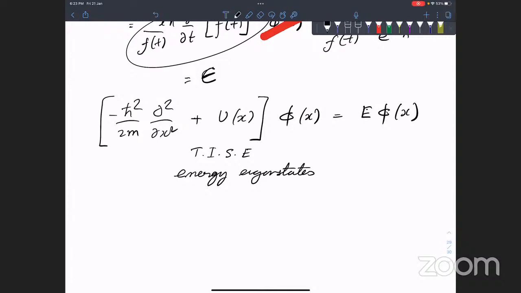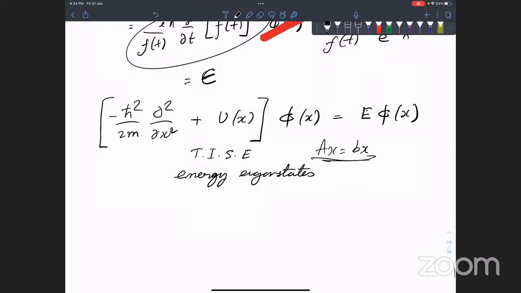All the solutions of the time-independent Schrodinger's equation give you all possible energy eigenstates, and they will give you the eigenvalues also. So we are solving an equation of the form Ax equal to b into x. When we solve this TISE, essentially we end up with the final answers: what the energy eigenstates are, and what the possible energy eigenvalues are.